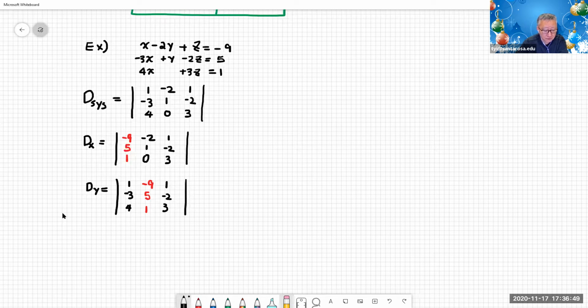Okay. And the last one, the z column. So again, the last column is going to get replaced by the constant column, which is minus 9, 5, and 1. Okay. So we're going to have to find these determinants here.